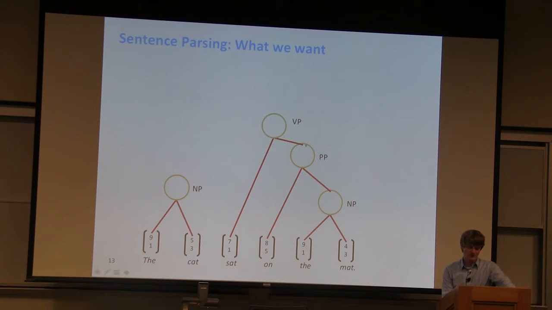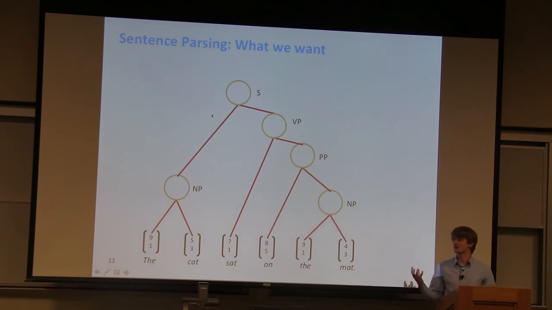Now, sat on the mat is a verb phrase, and overall this is a sentence. So this is the standard parsing task that gives us this discrete tree structure, essentially a grammatical analysis of which words go together to form syntactically plausible phrases.